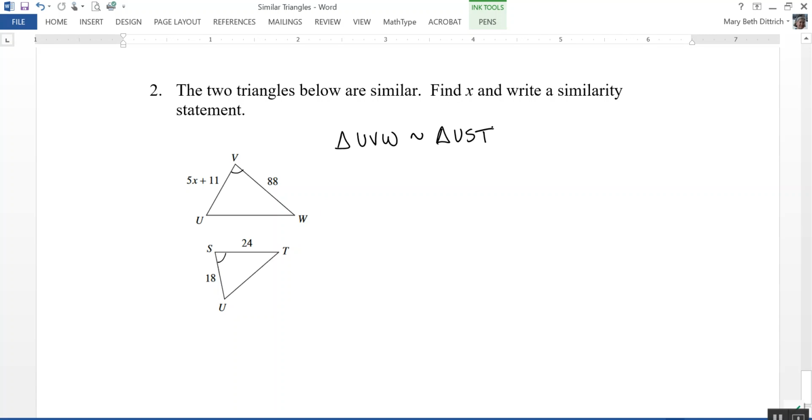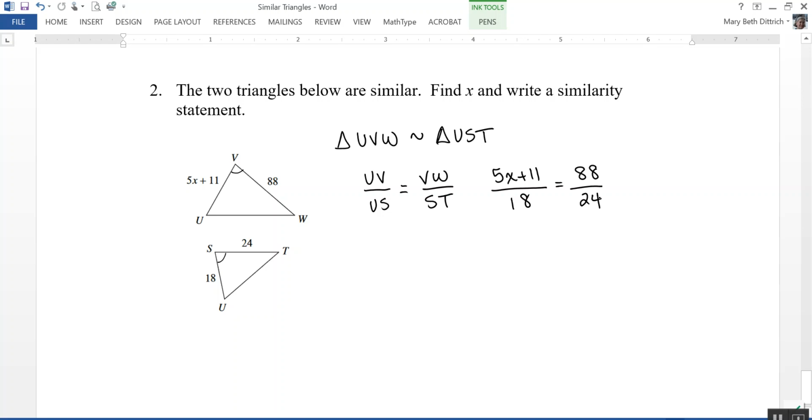Okay. And I need to find x, which is UV, so I think I will do a ratio that says UV over, and that corresponds to US in the other triangle, equals VW over ST. Now, plugging in numbers, UV is 5x plus 11, US is 18, and VW is 88, over 24.